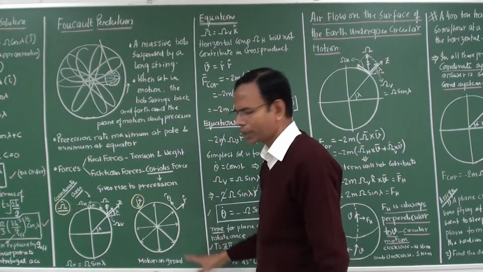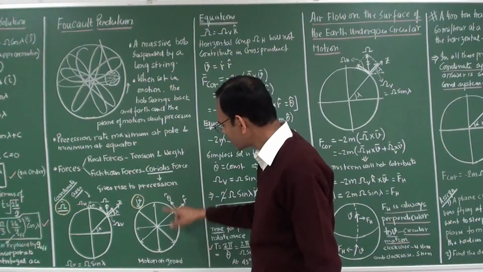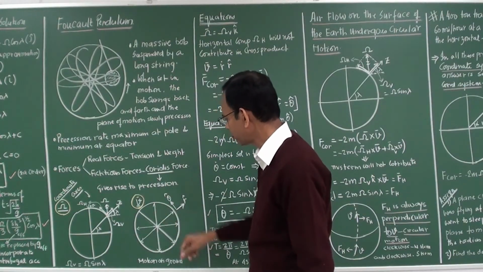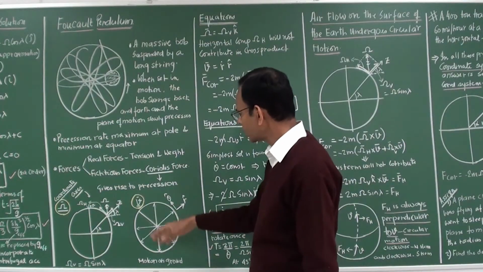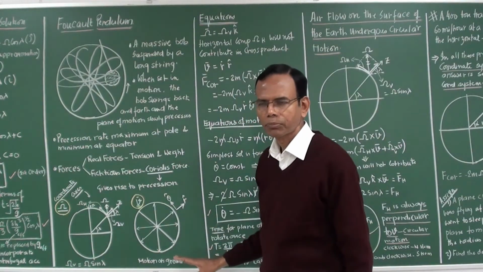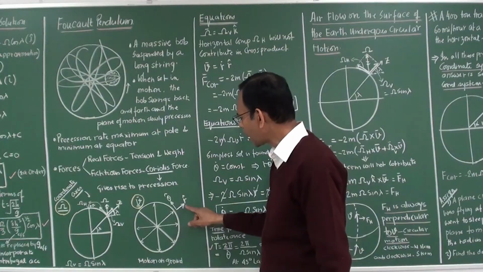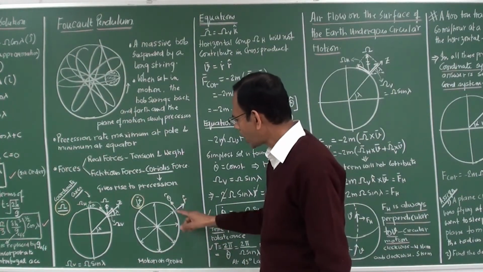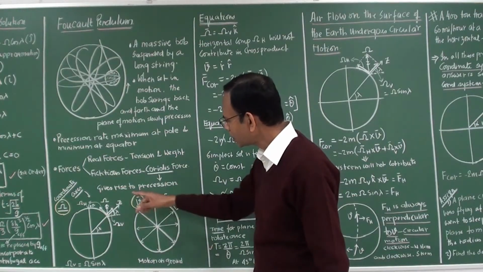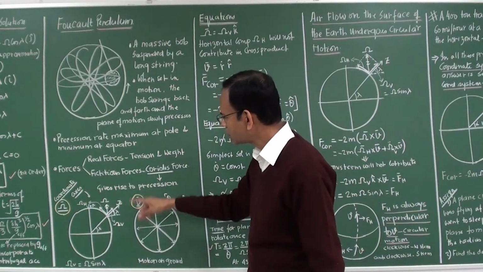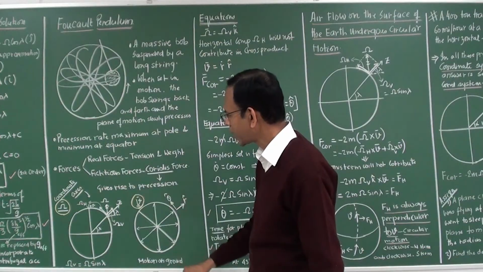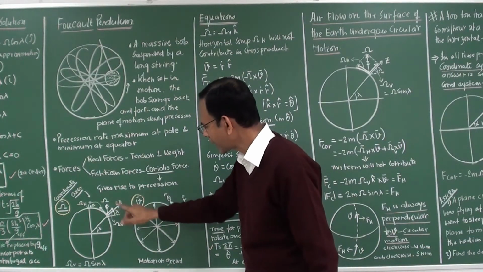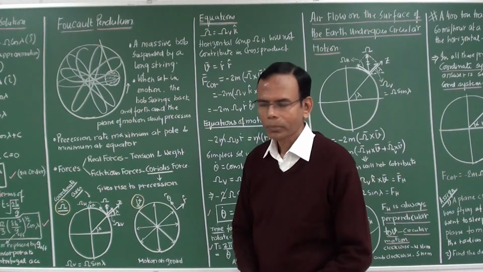Now let us come to v. In v, we see that this is the kind of trajectory it is showing. So with the symmetry of the problem, it is better that we choose r cap and theta cap, and there it was basically your z axis, along the z axis, so it was k cap.